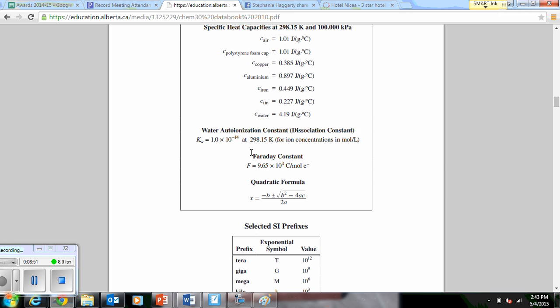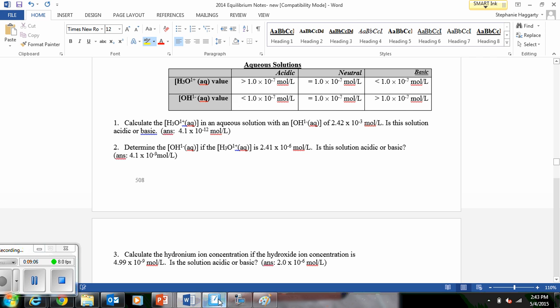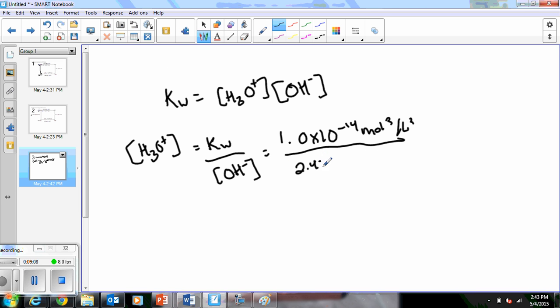It's 1 times 10 to the minus 14 mole squared per liter squared. Divide by 2.42 times 10 to the minus 3. And that's mole per liter.